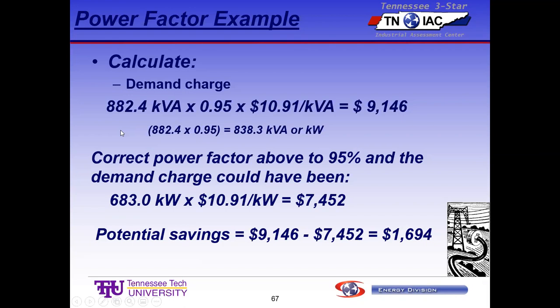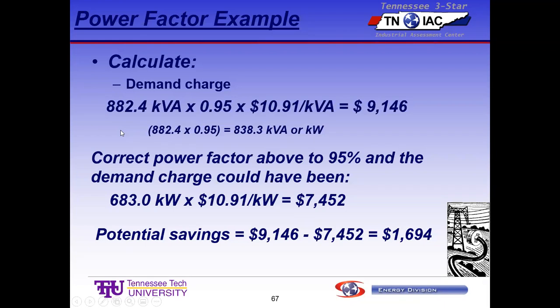The calculation is below. That's 883.3 kVA, but they're going to treat that as kW, and they're going to bill you based on 883.3 kW on your demand charge, instead of 683, which it could have been if your power factor was 0.95 or above.